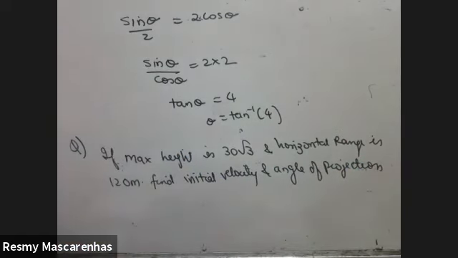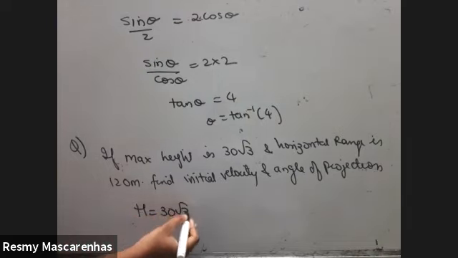So whatever data is there, you write first and then check what is asked. Maximum height h is given to me as 30 root 3. Range is given to me as 120.